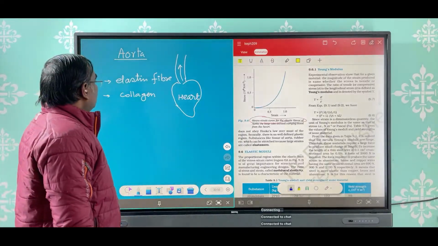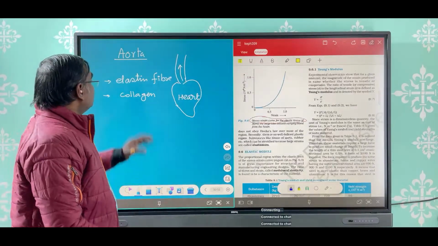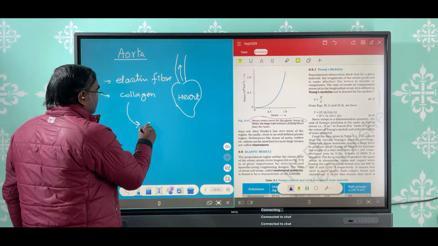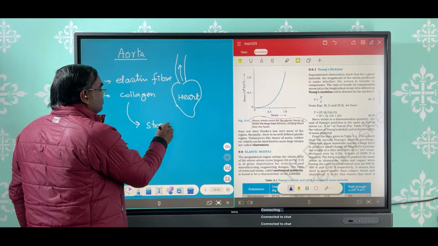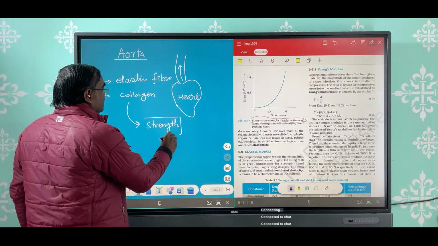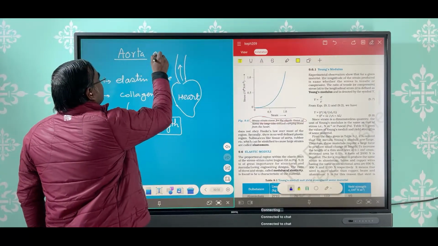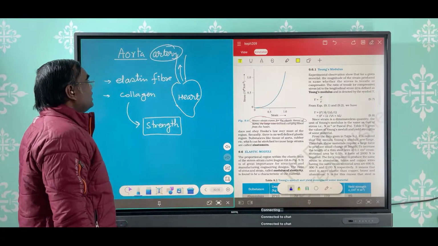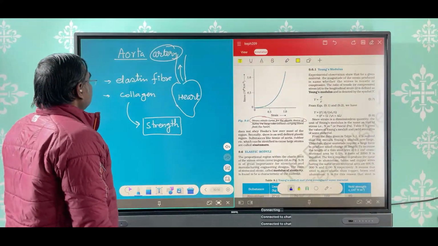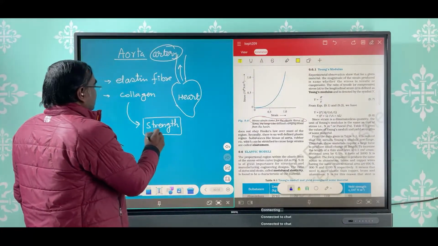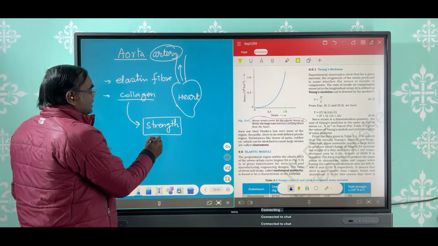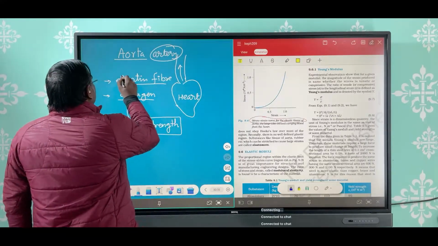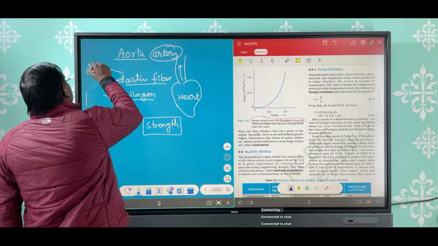Collagen provides the strength to the arteries. Aorta is an artery, right? So collagen provides the strength and elastin fiber provides the elasticity.